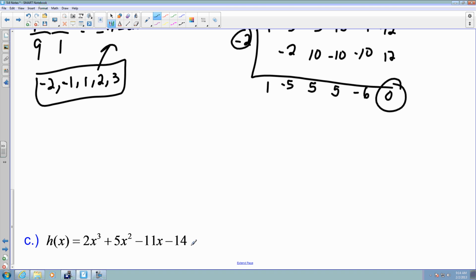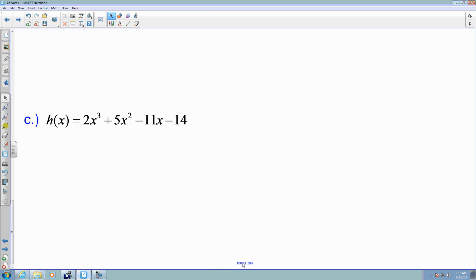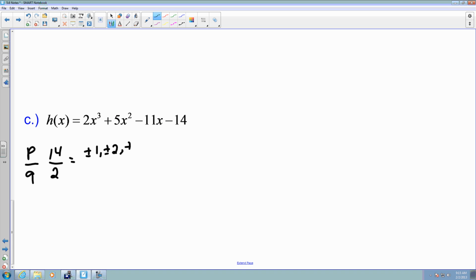Let's look at my last. What I'm going to do is list possible zeros. So the P over Q. My P here would be 14, and Q is 2. So it's ±1, ±2, ±7, and then ±14.